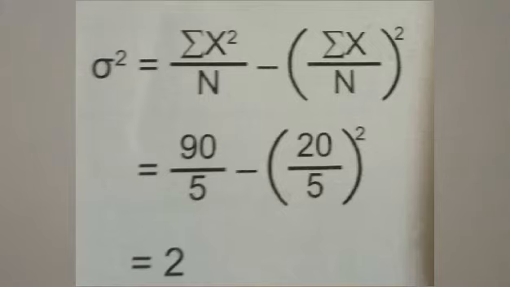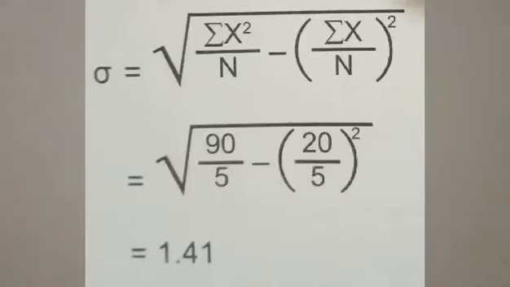Using our table, as you would notice, we have the summation of x squared, which is 90, all over 5, since our given n is 5, subtracted by the quantity of the summation of x all over n, squared. So you have 90 over 5 minus the quantity of 20 over 5 squared. This is equivalent to 2. So that would be our variance.